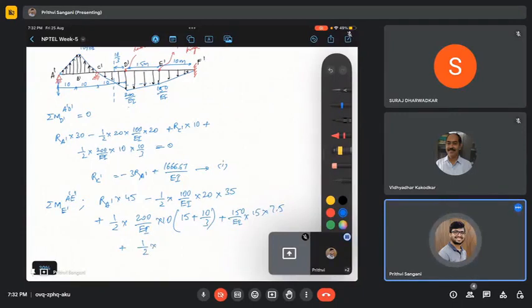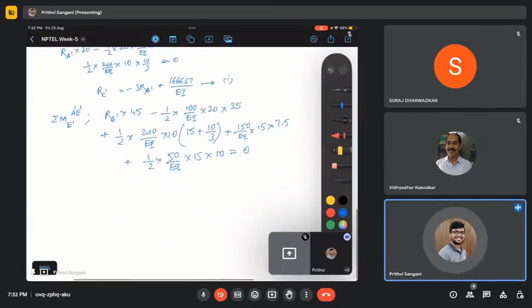This is with respect to the triangular loading. 15 times 2 by 3 times 15, that is 10, right? So that should be 0. So if you solve this, you will be getting 45 RA dash plus 25 RC dash. That should be equal to minus 3958.33 by EI. Okay, this is equation 2.